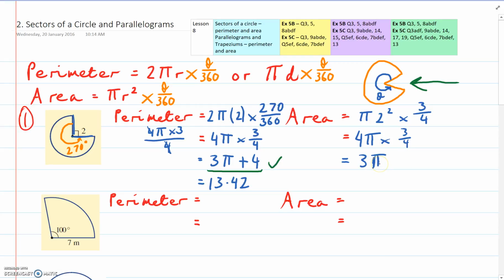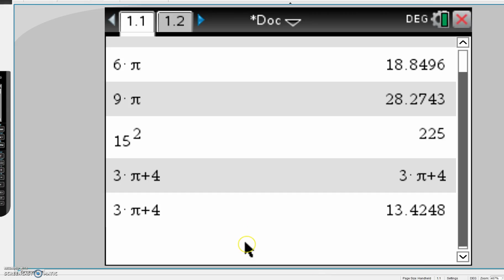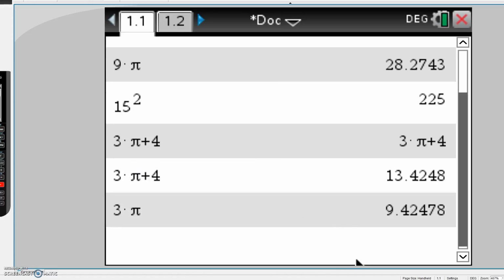I've jumped some steps there in the working, but use your calculator or just work through that if you get confused with any of that. And that's going to be around about 9 point something. You might even see these squiggly brackets, that equal sign, sorry, that just means close to, so approximate value. And again, if I do 3 and then pi, Control Enter, and it's 9.42.